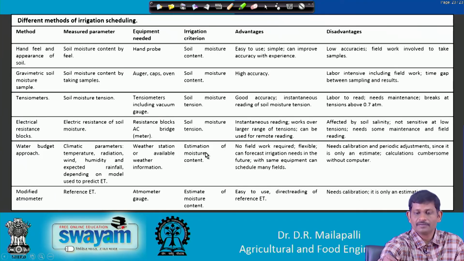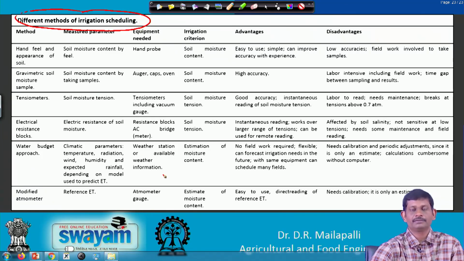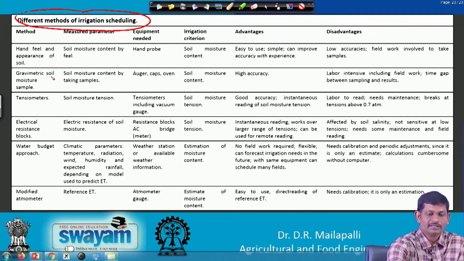So, different methods of irrigation scheduling, I am not going into the details. You can go through this table for reference. There are different methods here: hand feel method, gravimetric moisture sample method, tensiometers, electrical resistance blocks, water budget approach, and modified atmometers.